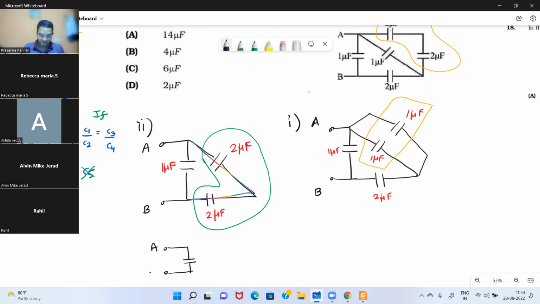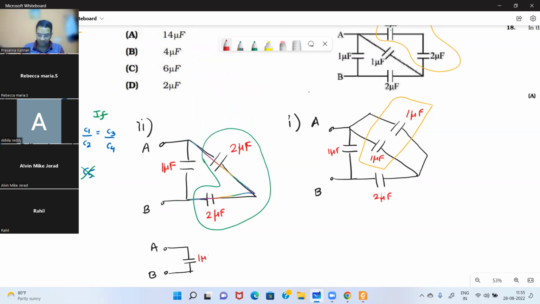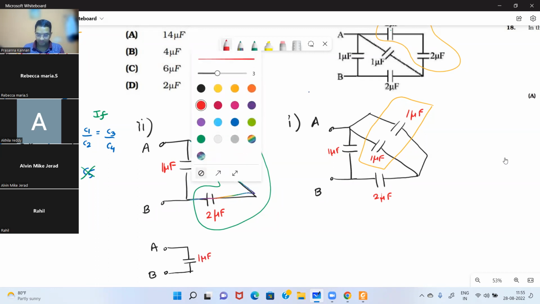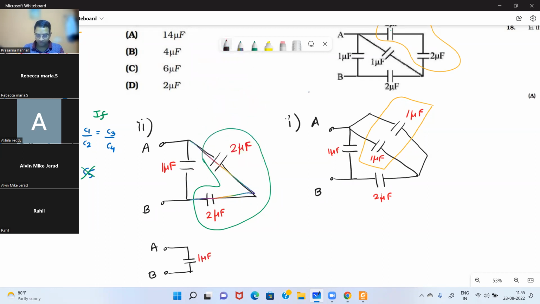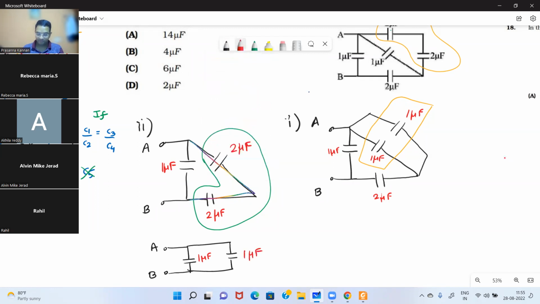So this is A, this is B. So this is 1 microfarad. And this 2 and 2 is going to give you what? 1 microfarad. And what about this 1 and 1?